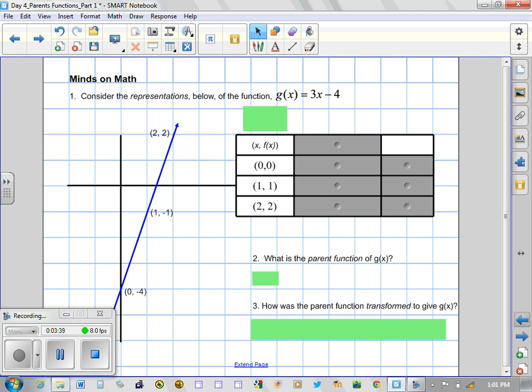Okay, so if you look at the left-hand column of the table, we have ordered pairs, x, comma, f at x. Okay, now remember that f at x is also the same as y. Now if we study the ordered pairs 0, 0, 1, comma 1, and 2, comma 2, notice that in every case the x-coordinate is equal to the y-coordinate.